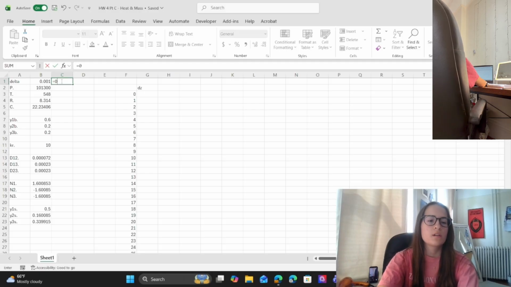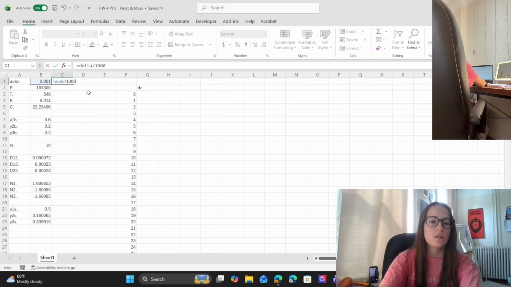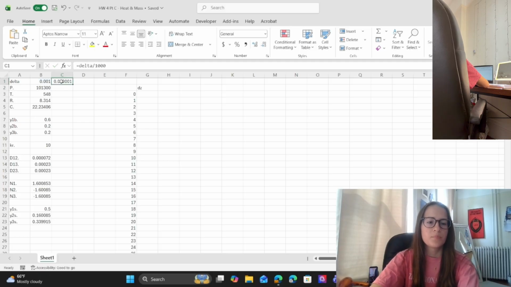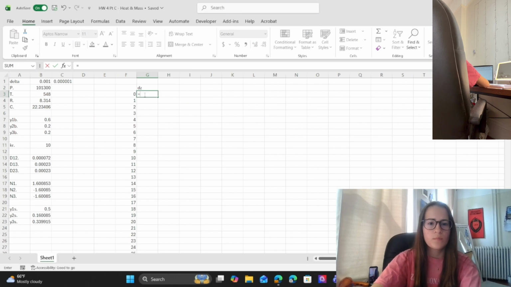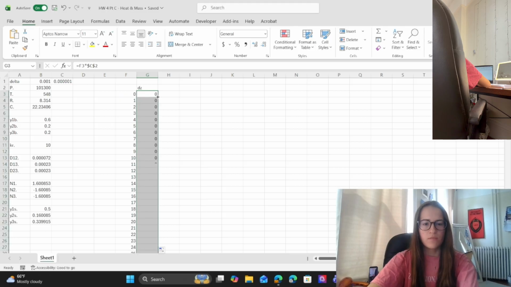So the total length, which is delta here, divided by the amount of steps that we have, which is 1000. So this is our counter. So each time we multiply it by the step, that's how far we've gone total. So we do this times our counter here. I'm going to go ahead and put a dollar sign so that stays the same, and then fill that down.